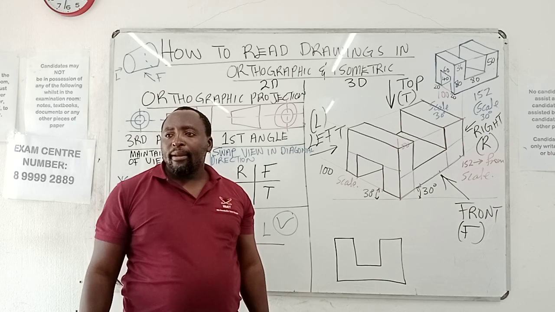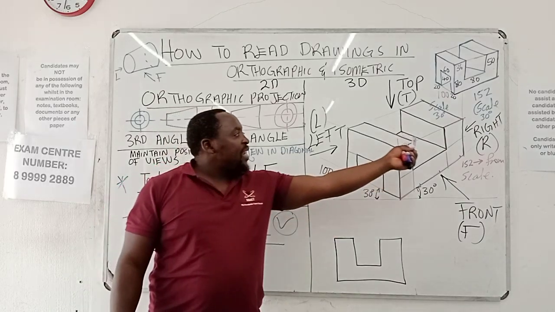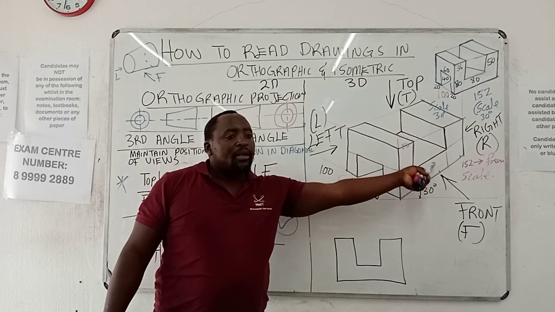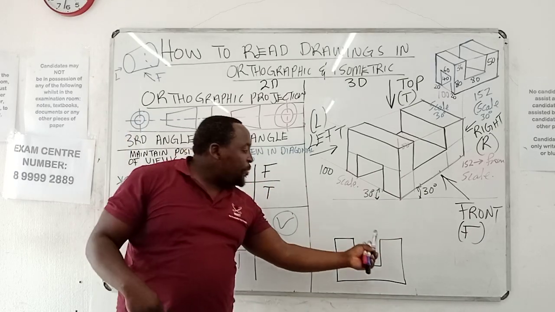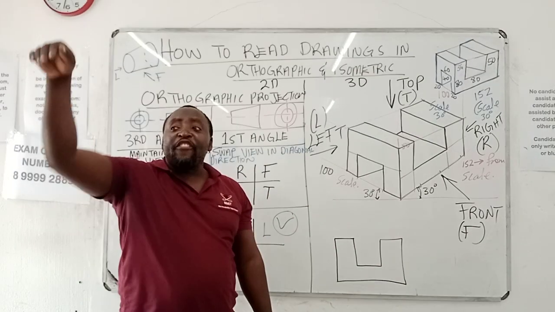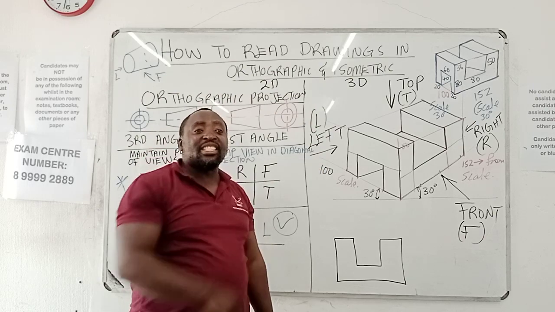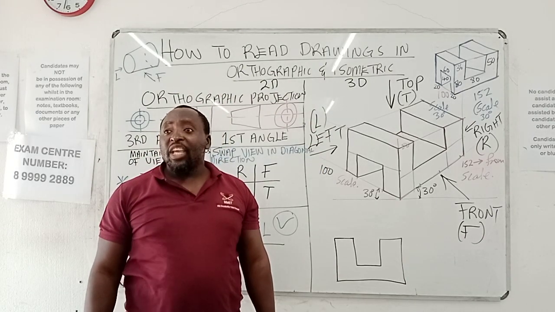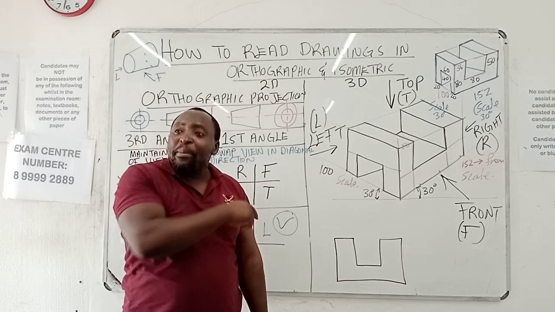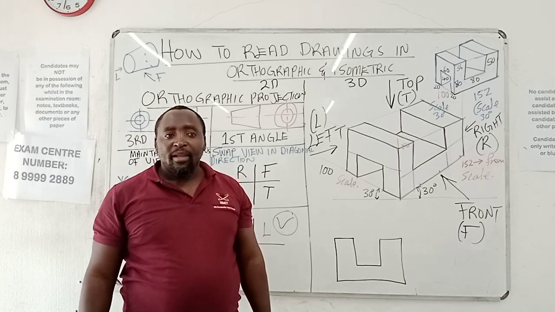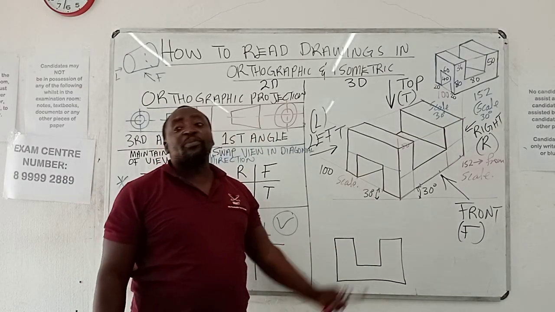Why? It's an open space. Can you see? It's open. If I put a line, the other view must tell me what does that line stand for. If it doesn't, then why am I putting it there? So there is no line here, it's an open space.